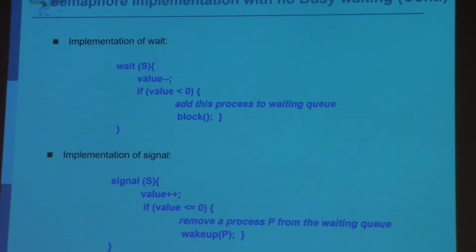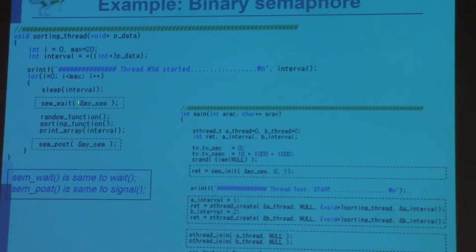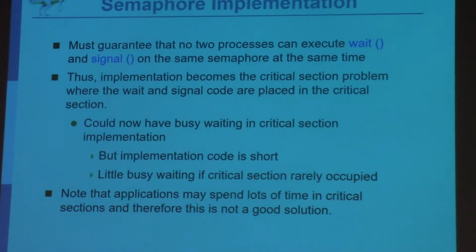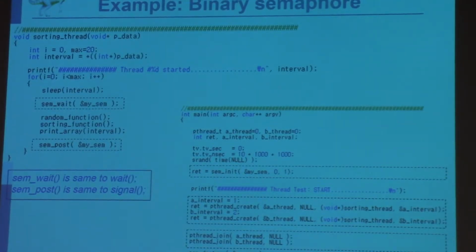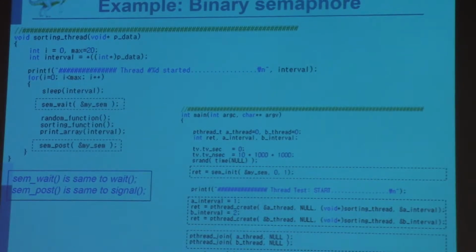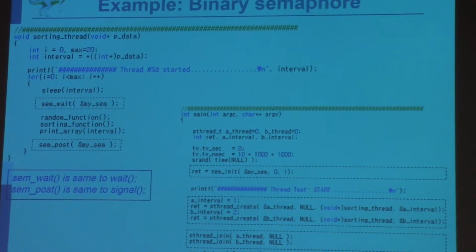In your programming, for example, here, wait and signal. The name is different, but it's a signal. Always you need to use wait and signal before and after the critical section. What if, for example, you forgot this? It's always locked. That causes the mutex lock problem.